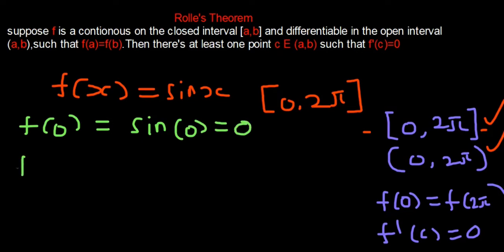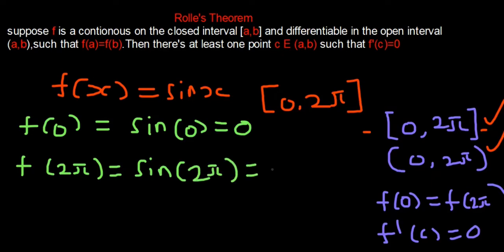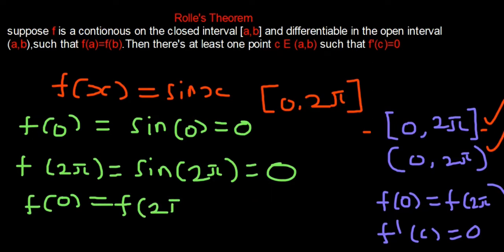And then f of 2 pi should be equal to sine of 2 pi, and this should also be equal to 0. So therefore, you can see that f of 0 equals f of 2 pi, and all this equals 0. So the third condition has also been satisfied.